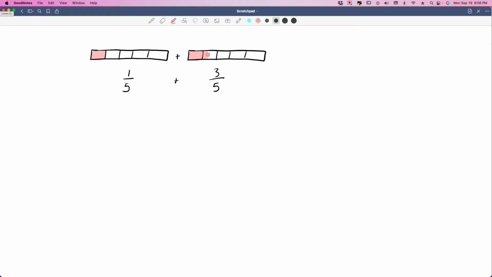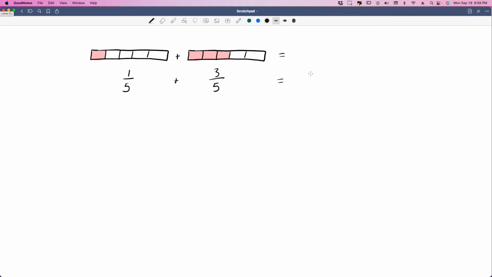So that's going to be 1, 2, 3, right? So if I have 1/5 and I have 3/5, then I know they're the same size. They're the same value. They fit in the same collection, right? Because they are the same number of parts.